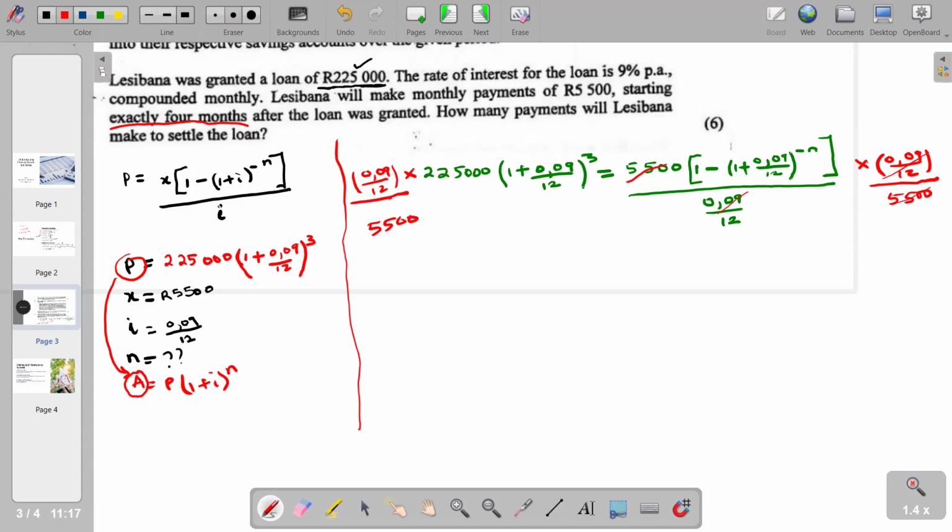When you simplify the left-hand side, in another way, we can punch that on the calculator.